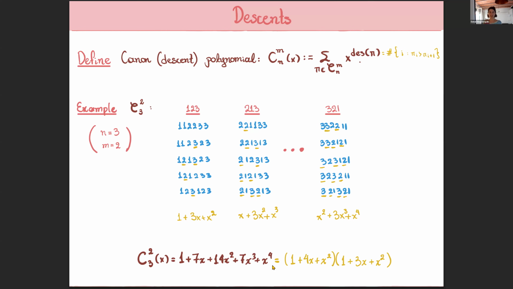Does anyone recognize these polynomials? So 1 plus 4x plus x squared and 1 plus 3x plus x squared. So this would be the Eulerian and Narayana polynomials.